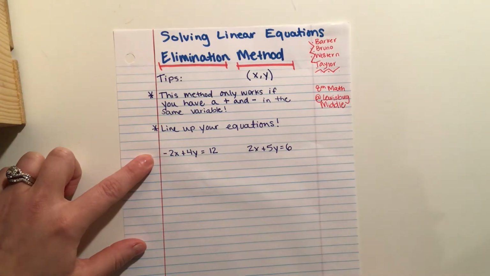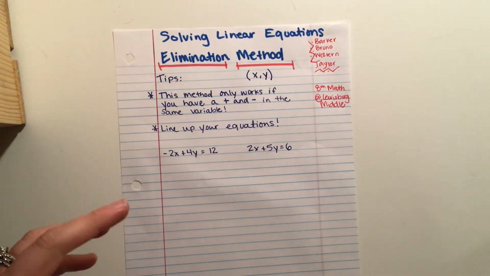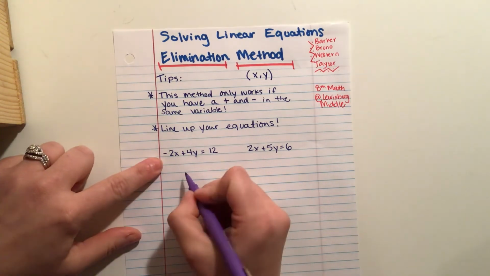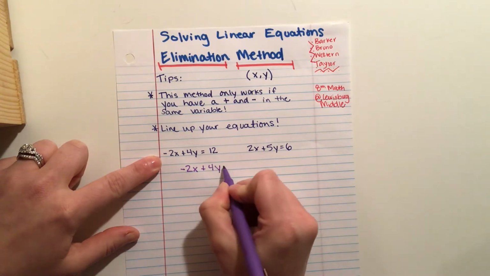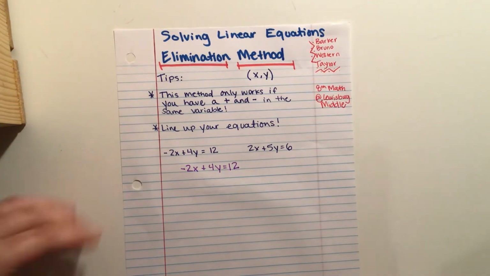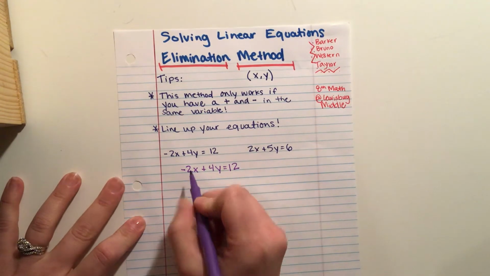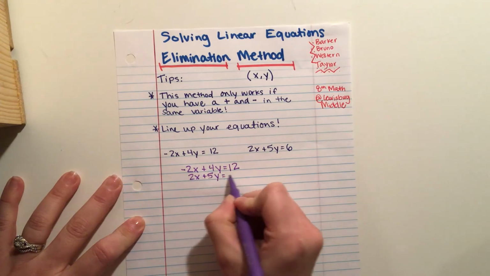Well, let's look at our second tip. Line up your equations. When you line these equations up, it's going to allow you to eliminate really easy. So if we have this first equation, negative 2x plus 4y equals 12, we're going to line these up. Put this one underneath: 2x plus 5y equals 6.